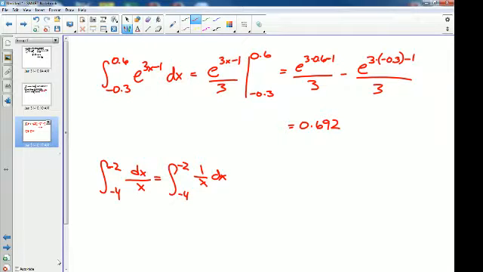What is the antiderivative of 1 over x? ln what? ln, yeah. Don't forget that. Because if you didn't put absolute value here, you couldn't evaluate it.